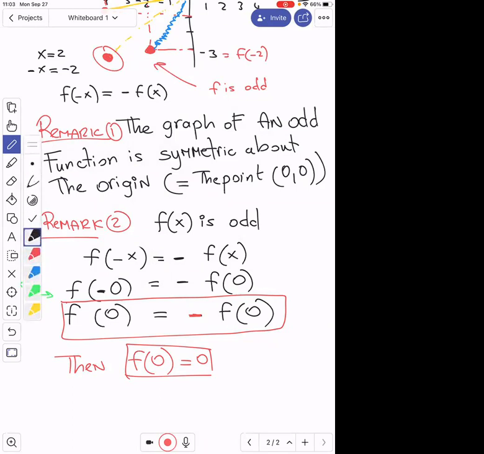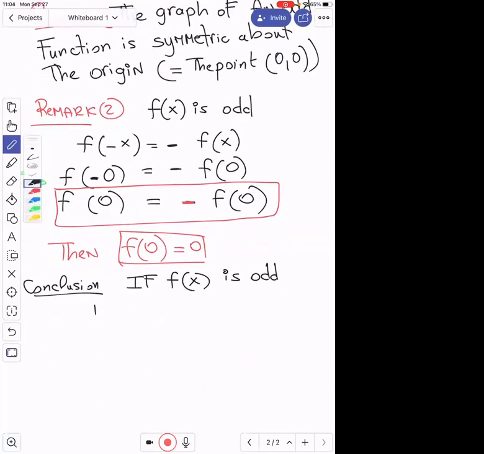So the conclusion: if f is odd, then f of 0 is equal to 0. It has to be 0.